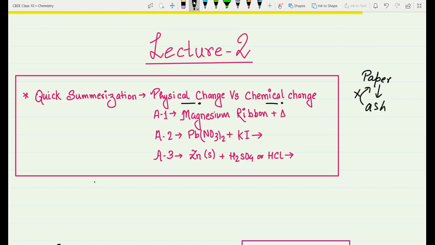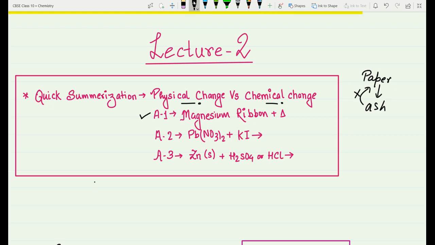If you have read NCERT after yesterday's lecture, you will have seen some examples given on the first page of the first chapter, which give examples of various chemical changes.